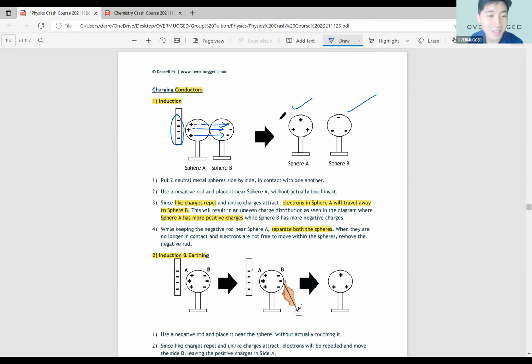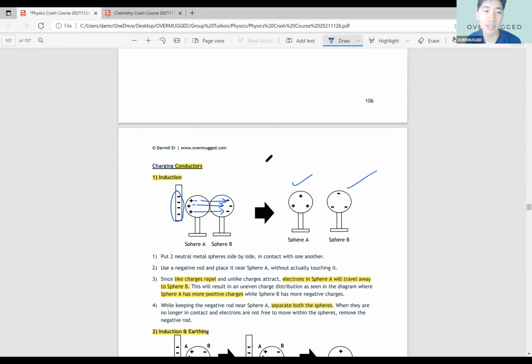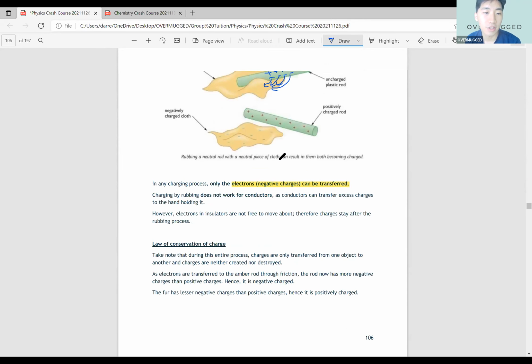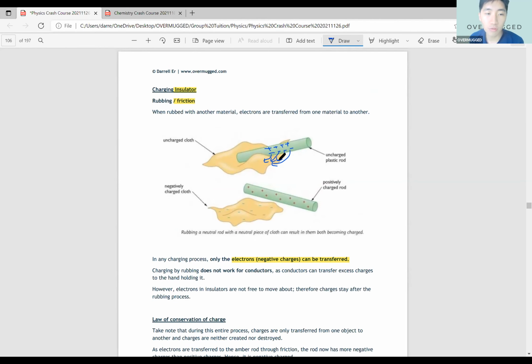Okay, for charging the insulator, why can't the electrons move from the cloth to the rod instead? Let's go back up. So the question, why can't electrons move from cloth to rod instead? Can or cannot? It's possible. But for this specific scenario, as electrons are transferred, the transfer is quite obviously from your rod to your cloth.